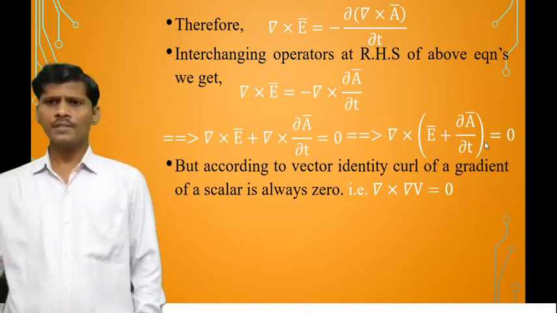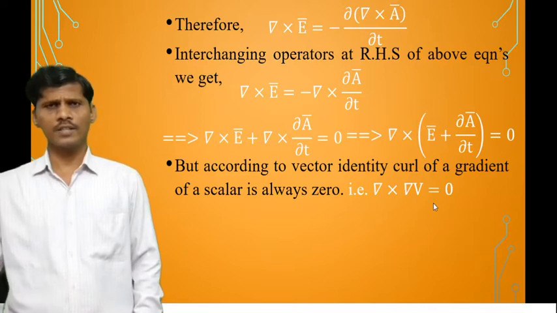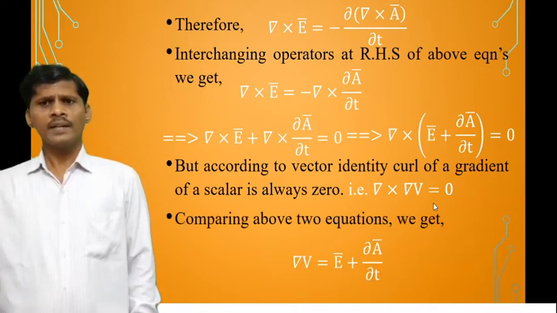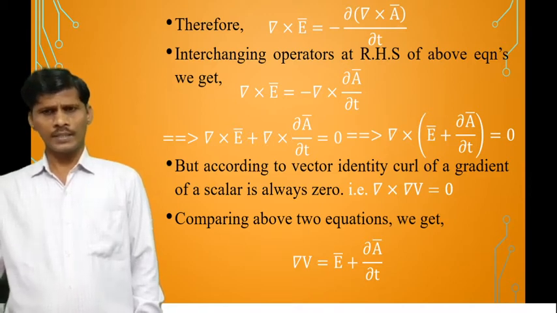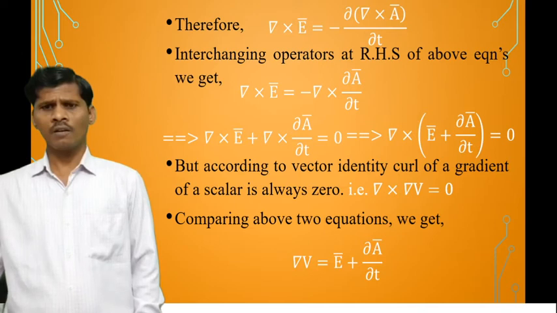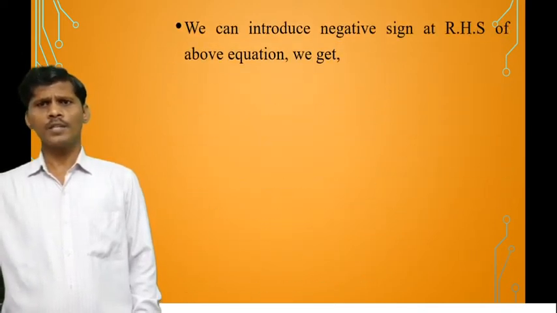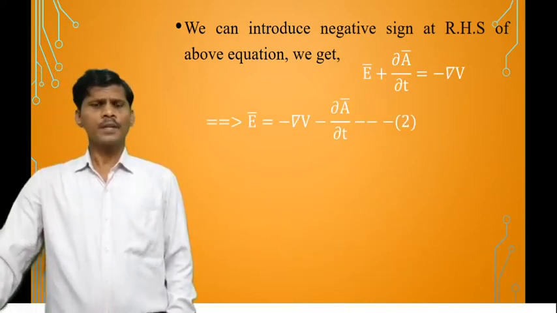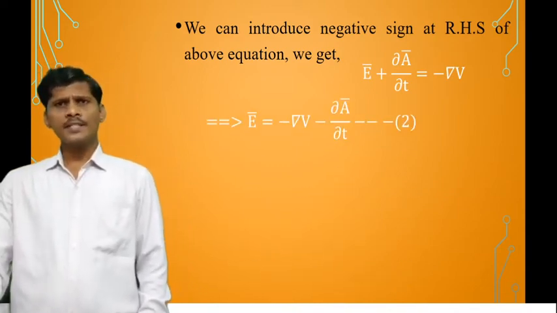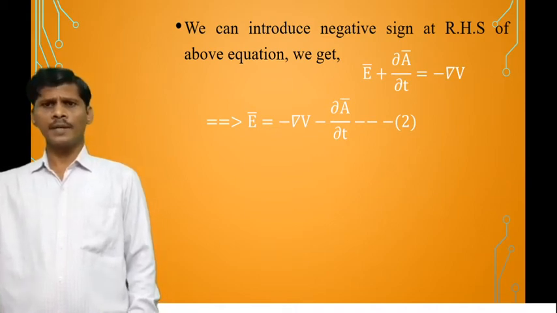Comparing the two equations, taking the negative sign on the LHS, we have E bar plus dou A bar by dou t is equal to minus del V. So E bar is equal to minus del V minus dou A bar by dou t.